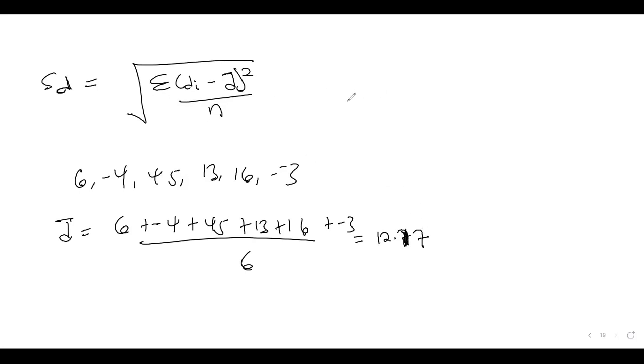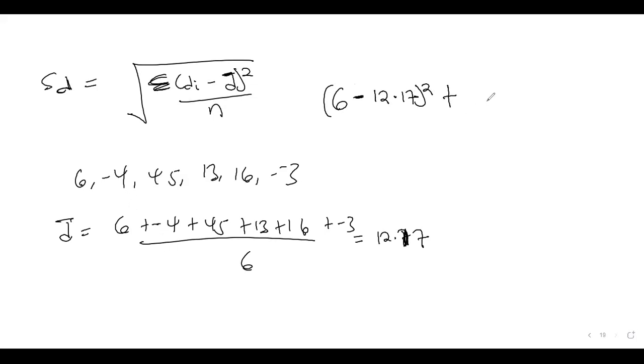Now let's find the standard deviation. The standard deviation says sigma, so summation of each of the di, meaning each of the differences. So the first difference is 6 minus the average difference, which is 12.17, bracket close, squared. Plus, so that's the meaning of the sigma.